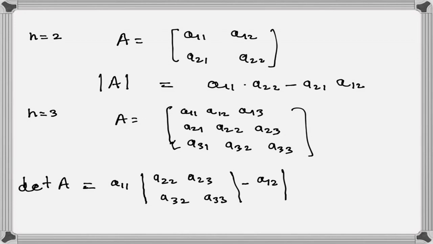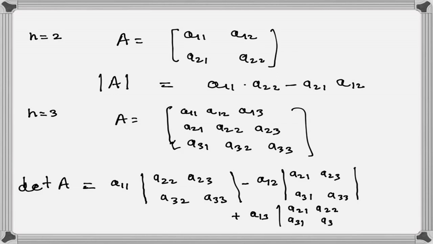the second one, and then we delete the first row and the second column, and whatever submatrix we get, we write it here: A21, A23, A31 and A33, plus A13, the third one, and then we delete the first row and the third column, and we get the following submatrix: A21, A22, A31, A32.